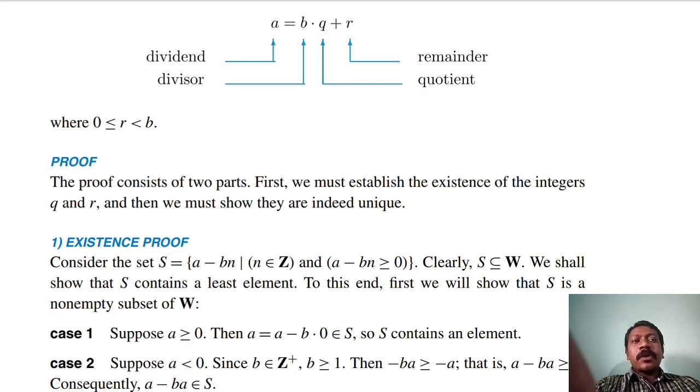It only contains positive integers with 0. So since a minus bn is greater than or equal to 0, it is clearly true, S is contained in W. Now we have to prove S contains a least element.